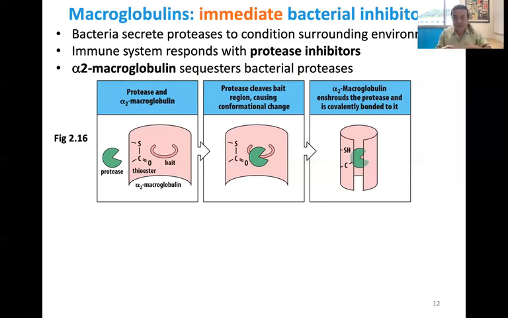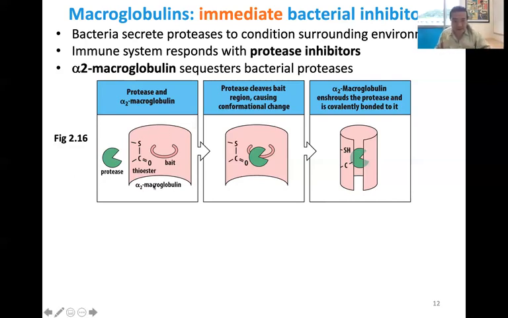So our immune system, our innate immune system, has evolved to have certain proteins to defend against many of these proteases being released by the bacteria. We call these things protease inhibitors, right? And macroglobulins are an example of a protease inhibitor.